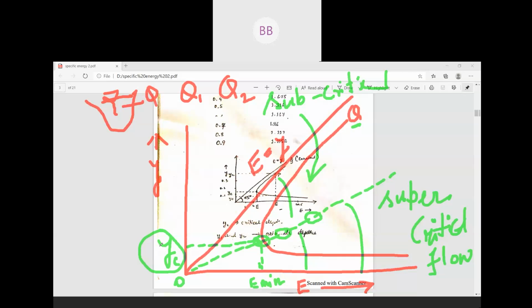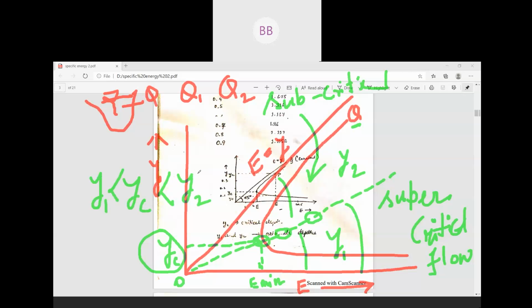So the depth of flow in supercritical flow is less than your critical depth, and the depth of flow in subcritical flow is greater than your critical depth. If you consider this is your y1 and this is your y2, then y1 is less than yc, which is less than y2.